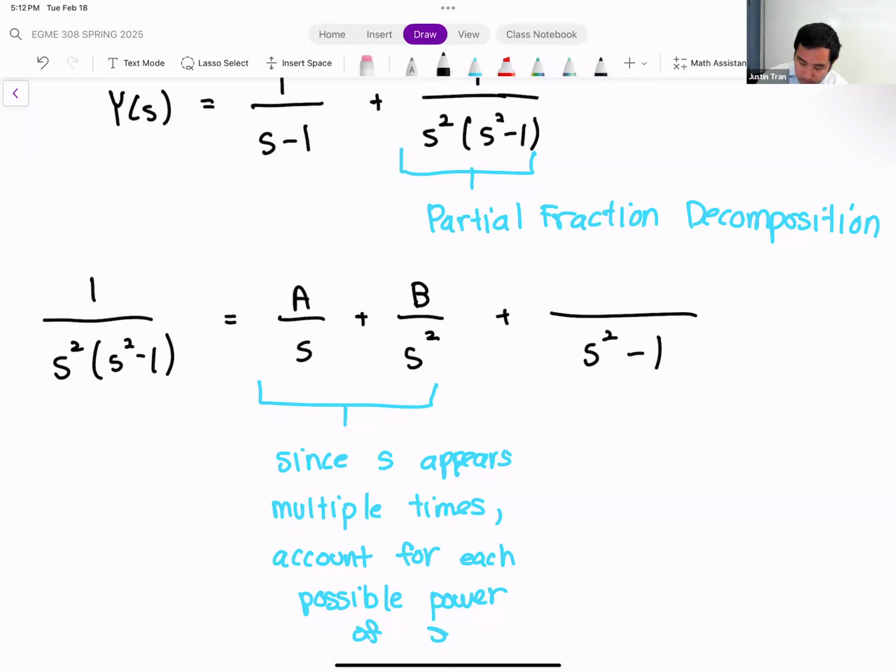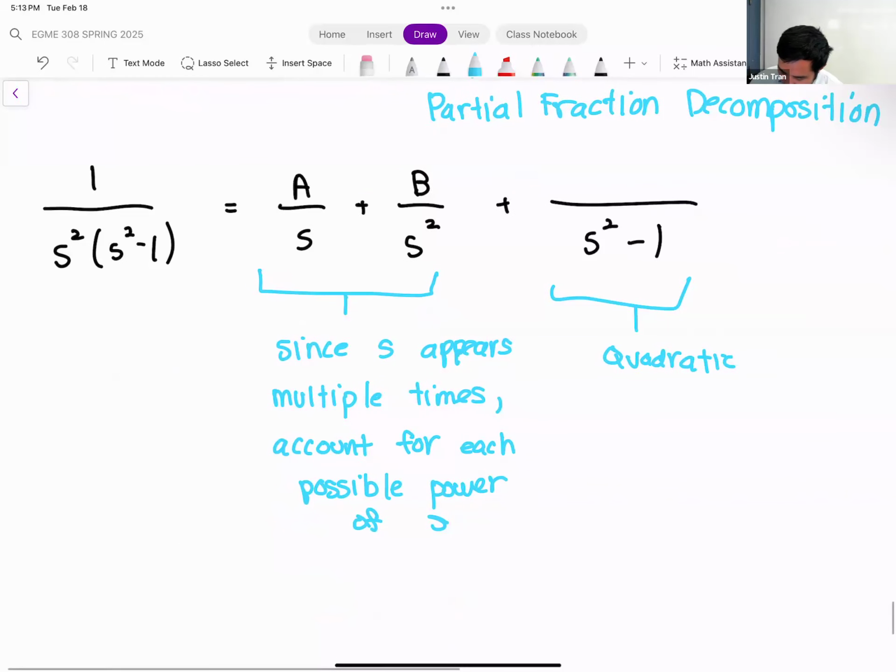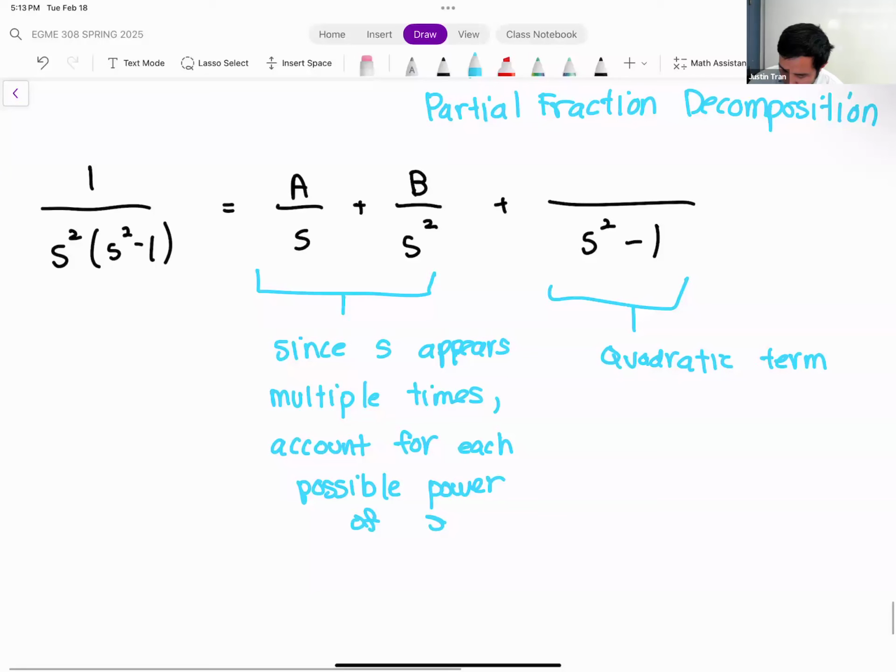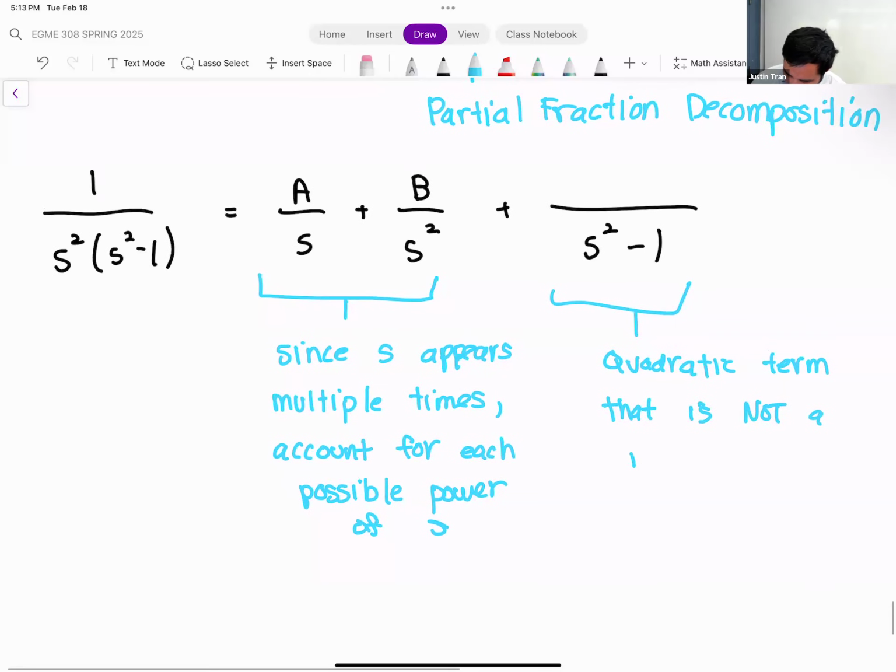Okay. So this right here is a term that is quadratic in the denominator, that's not a repeat root. And so that's just like the last example we did right before this that we didn't get to finish.